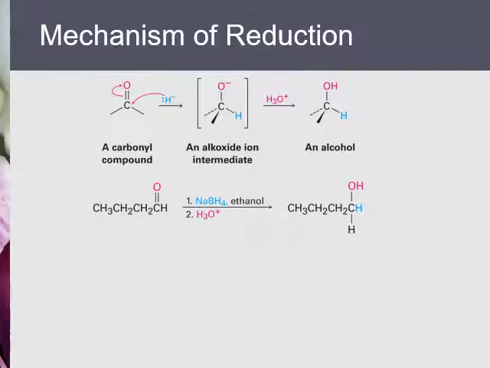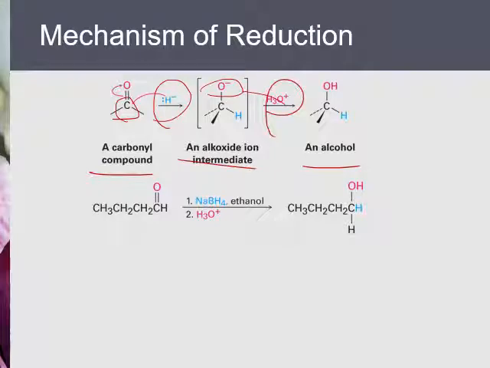The conversion of a carbonyl compound to an alcohol involves 2 steps. In the first step, hydride, which comes from sodium borohydride or lithium aluminum hydride, attacks the positively charged carbon and forms an alkoxide ion intermediate. The alkoxide intermediate with a negatively charged oxygen is protonated in the second step by acidic water, forming the final product alcohol.